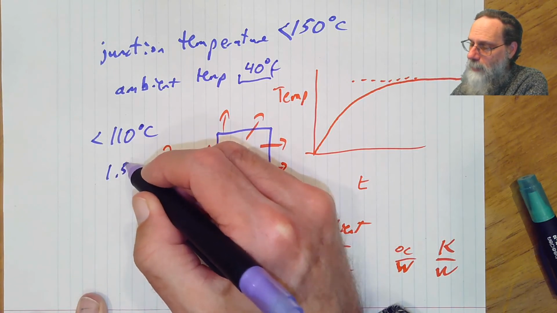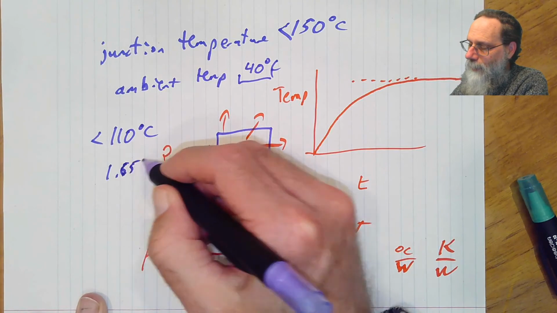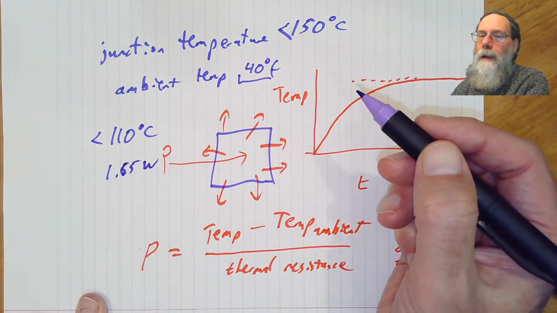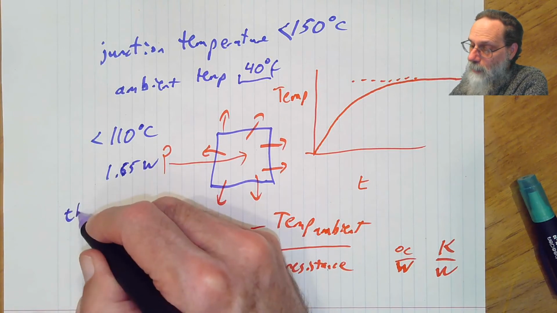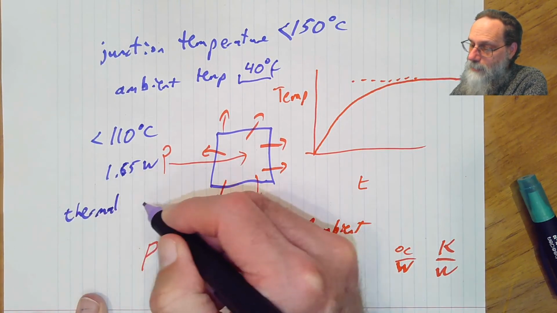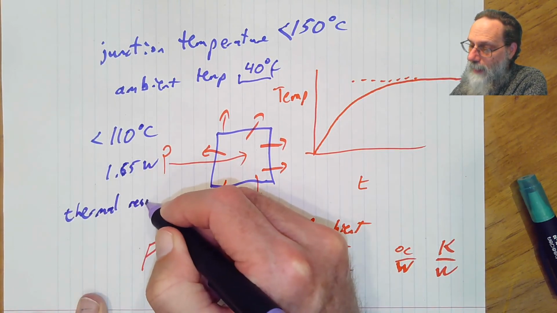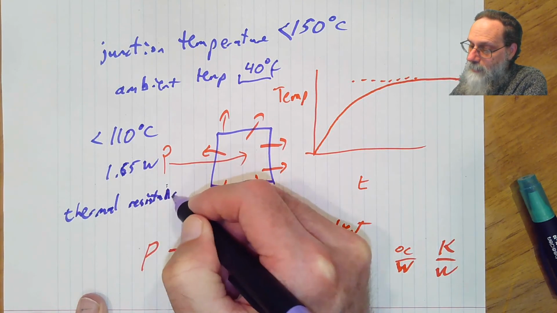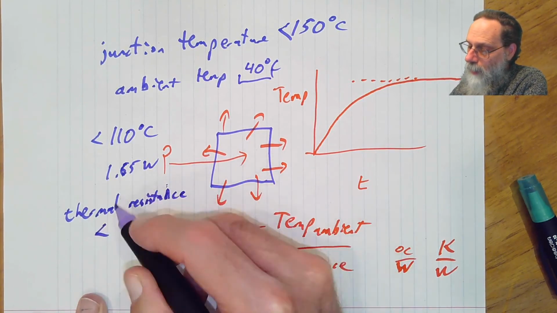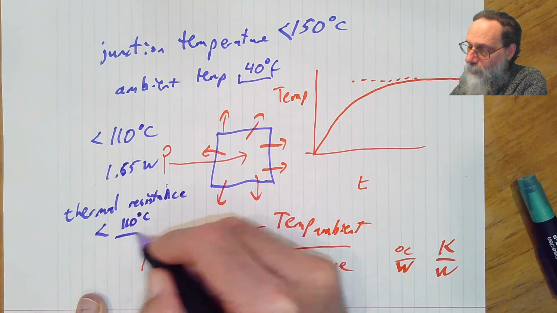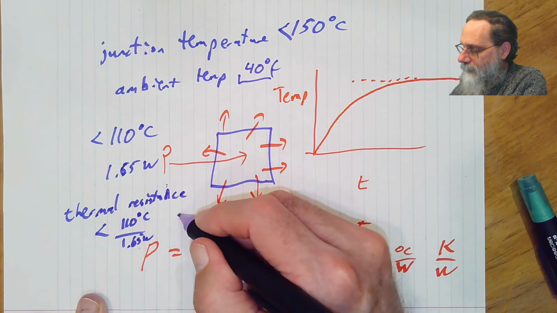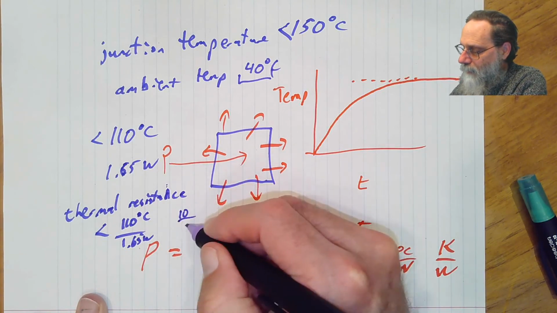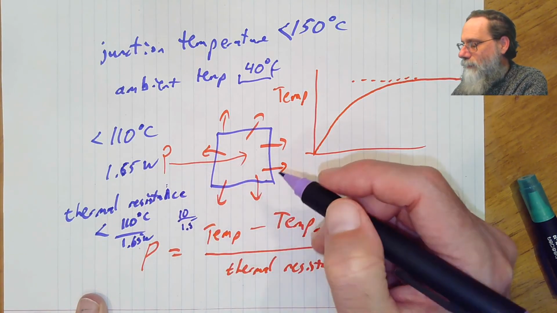1.5, or let's make it 1.65 watts, then the thermal resistance of whatever heat sinks and stuff we have has to be less than 110 degrees C over 1.65 watts. That's 10 over 1.5.